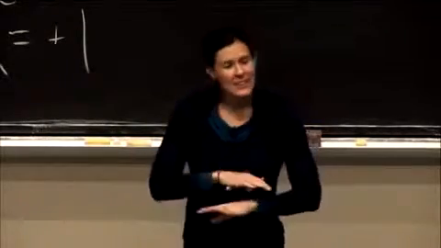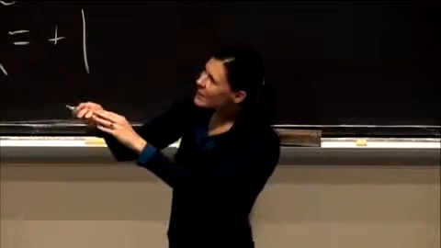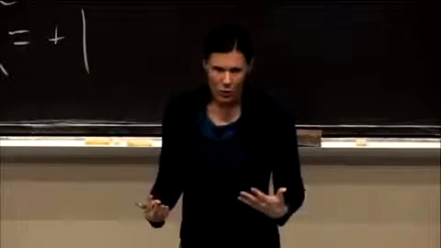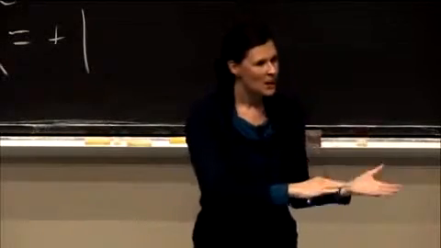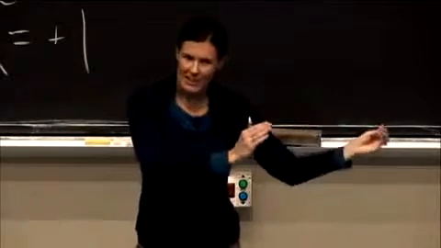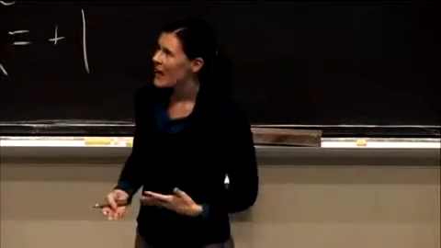And remember, this is in complete opposition to what we call the size of the orbitals, because we know that the 2p is actually a smaller orbital. For example, when we're talking about radial probability distributions, the most probable radius is closer in to the nucleus than it is for the s orbital.